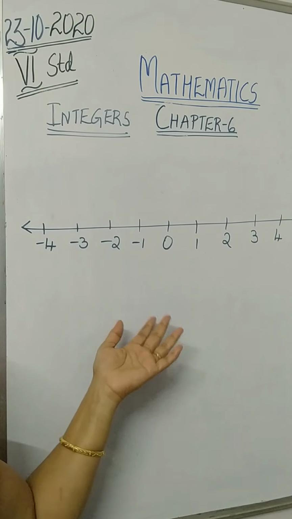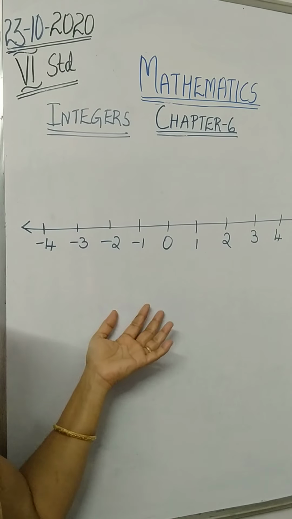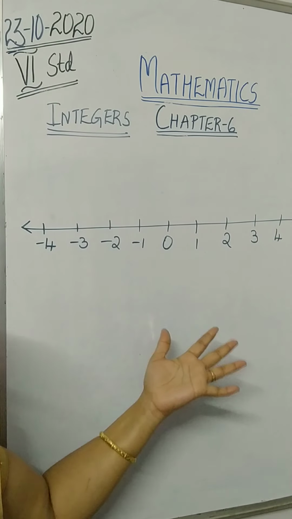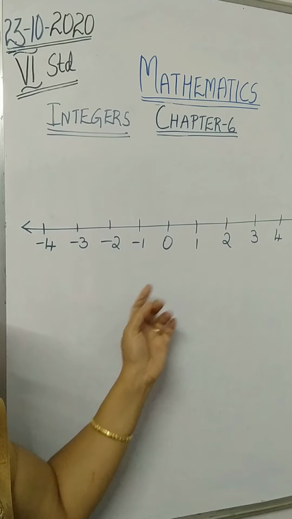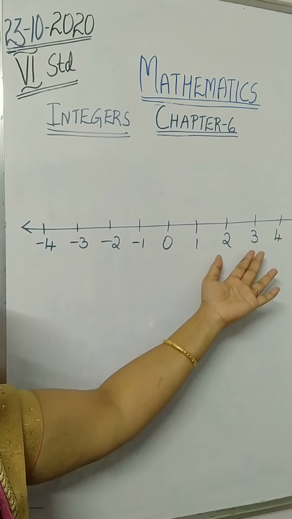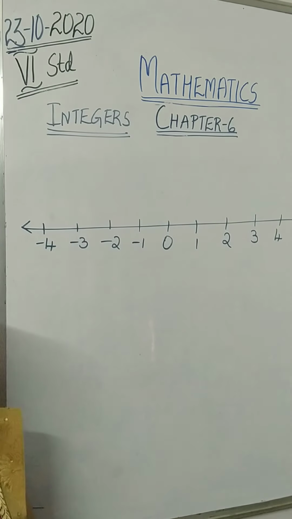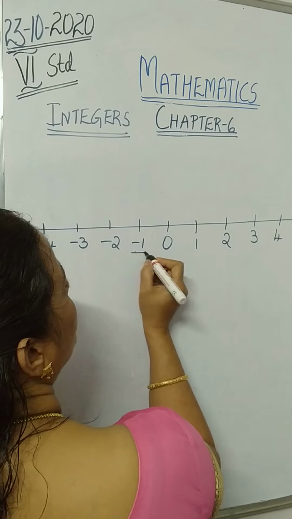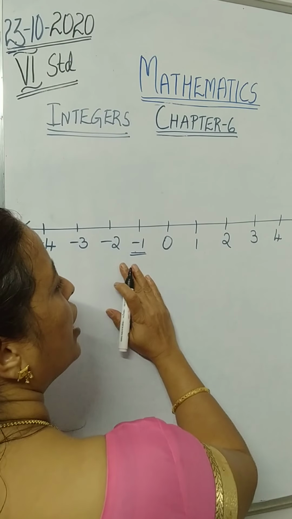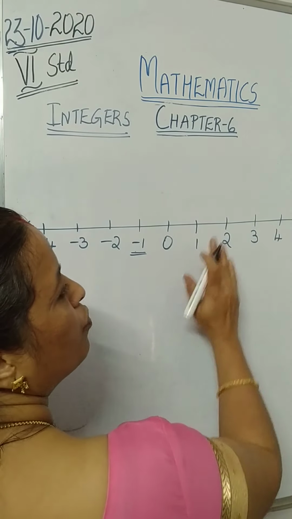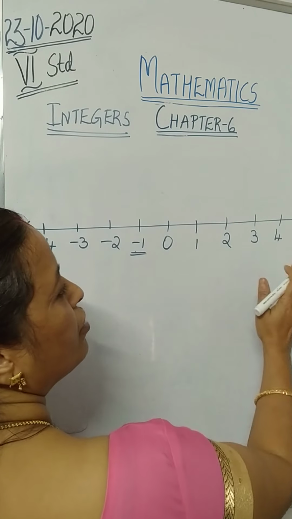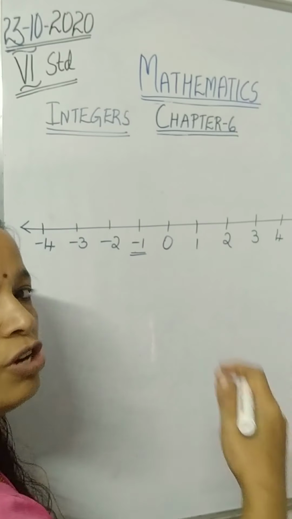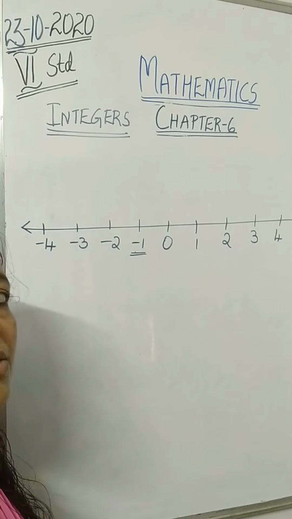Now, let us see which is the integer which is 3 more than minus 1. Now, here is the minus 1. 3 more than minus 1 means we have to move on to the right. When you move on to the right, the value goes on increasing. That is more.